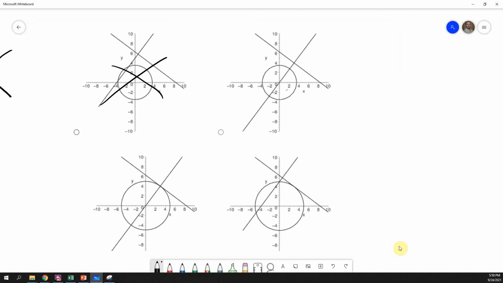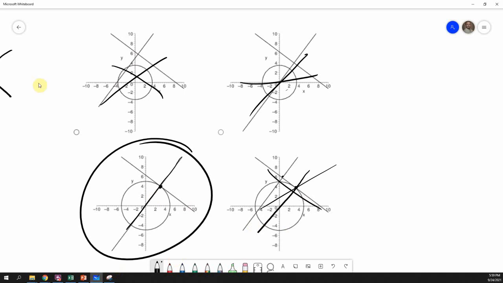This one, neither one of the lines is tangent. This one, the line is tangent here, but remember, they have to be going through the same point. So this one doesn't go through that point, right? This one, notice what happens. It's tangent, and the normal line goes through it. So it's got to be that one.